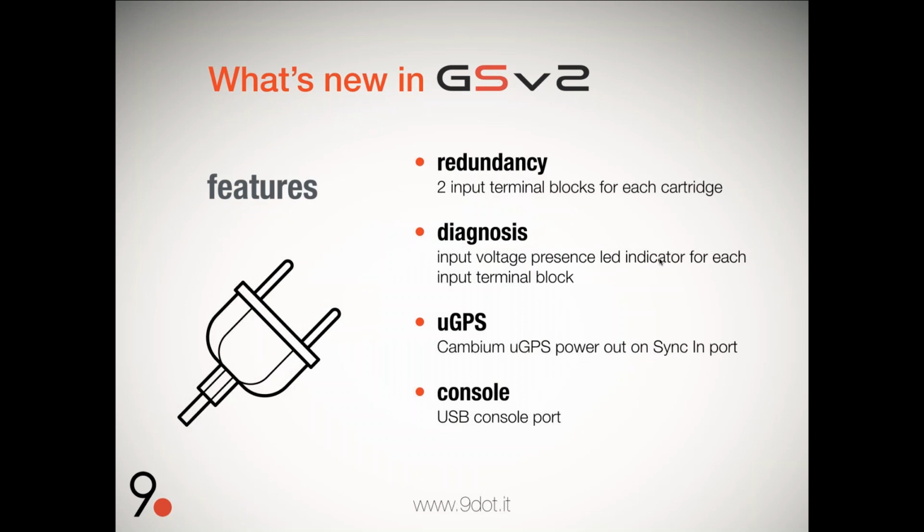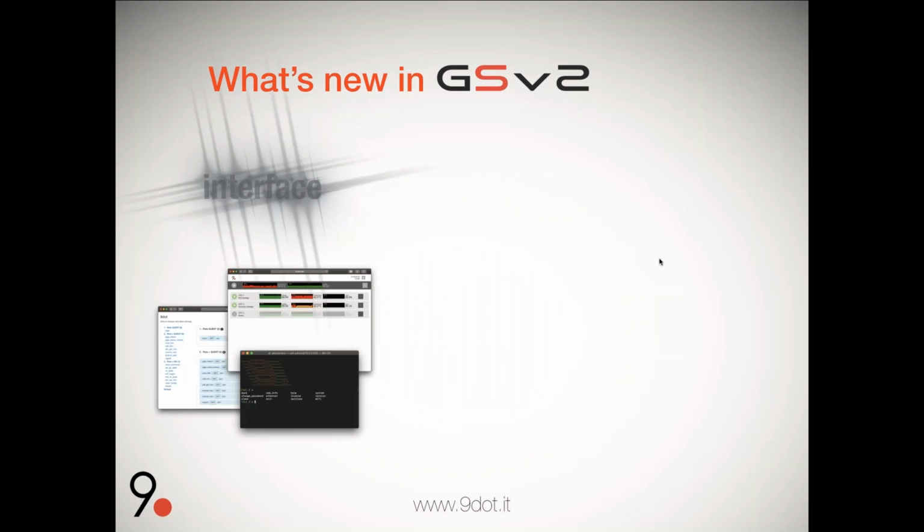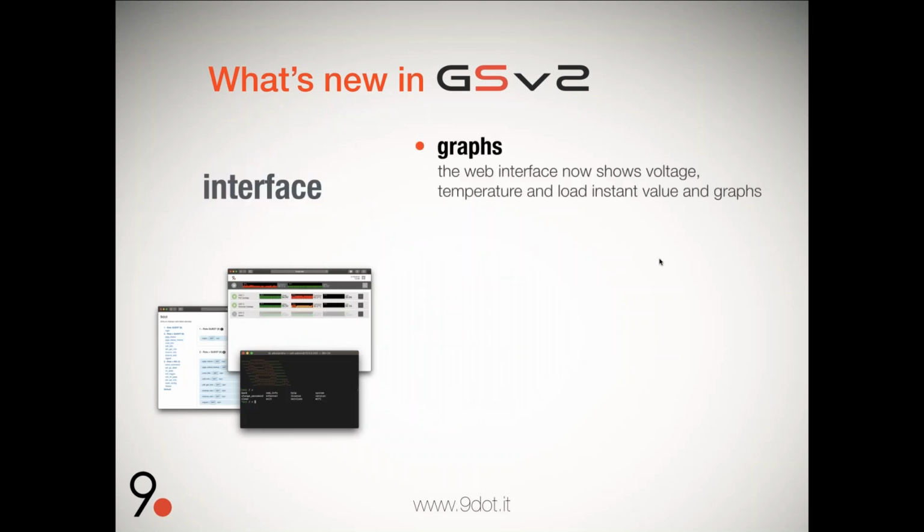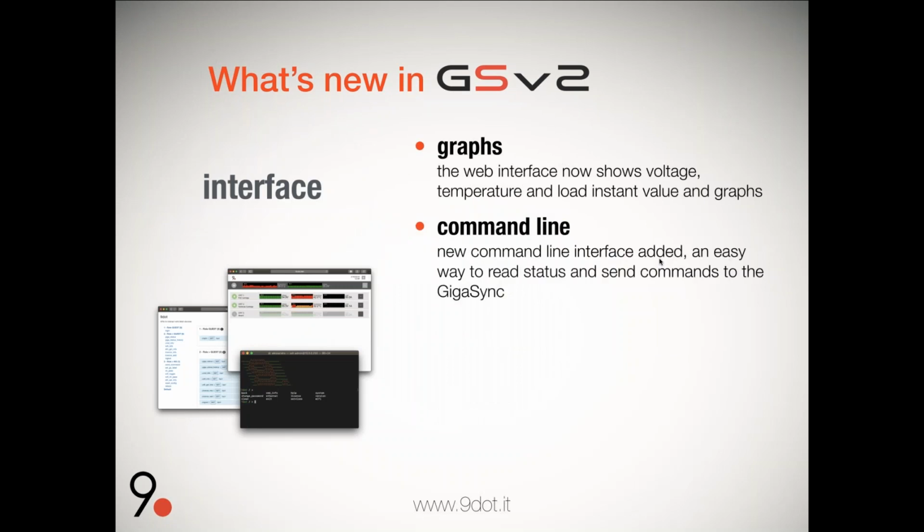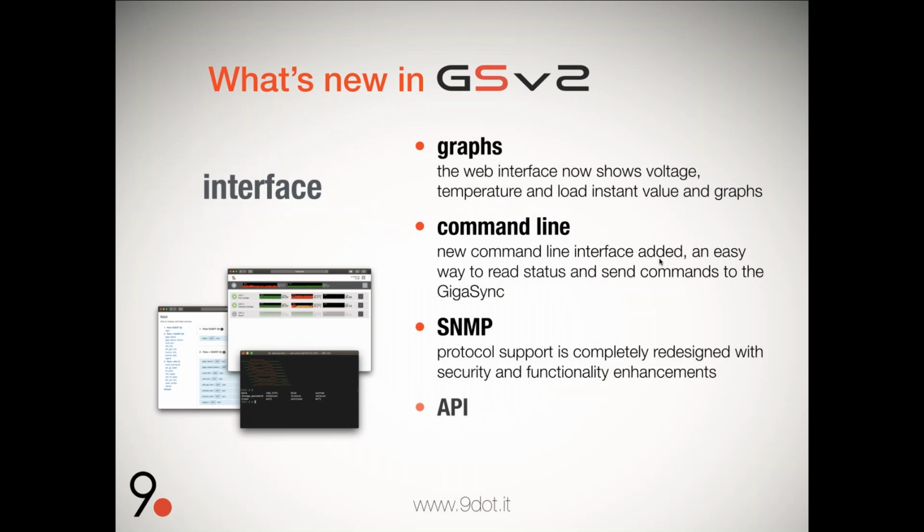The sync in port can also power the UGPS, the Cambium UGPS. So if you have a UGPS, you can connect it directly to the GigaSync, and you have the sync pulse, and there is a USB console. What about the interface? In the interface, we have graphs that show you voltages, temperature, load.